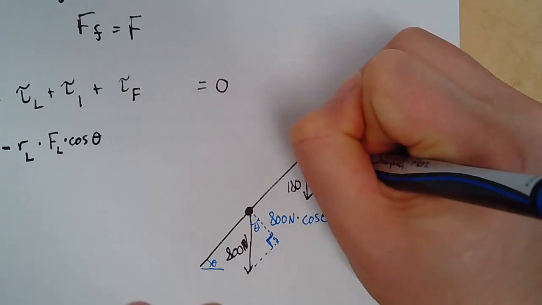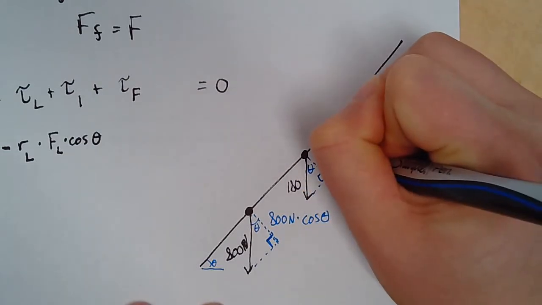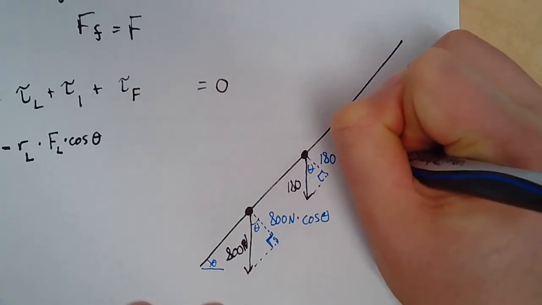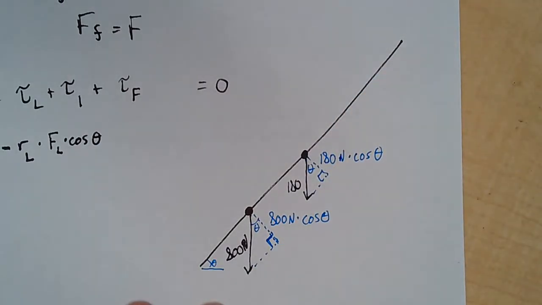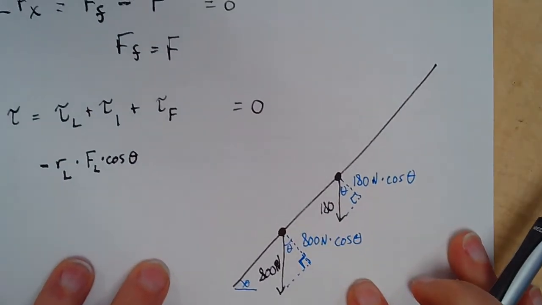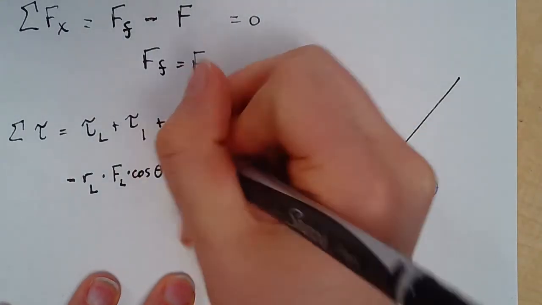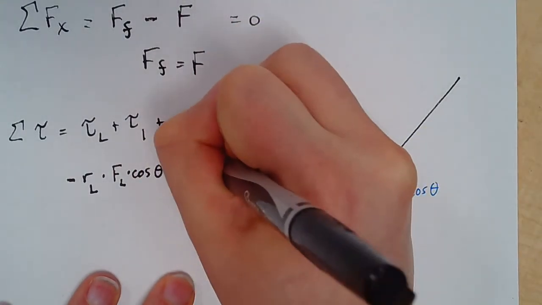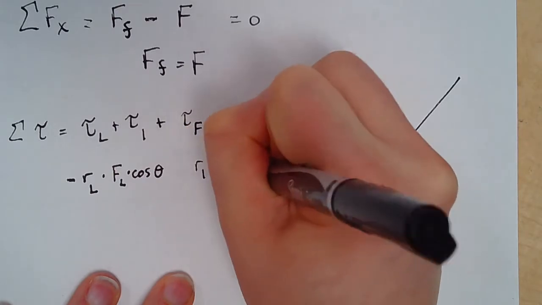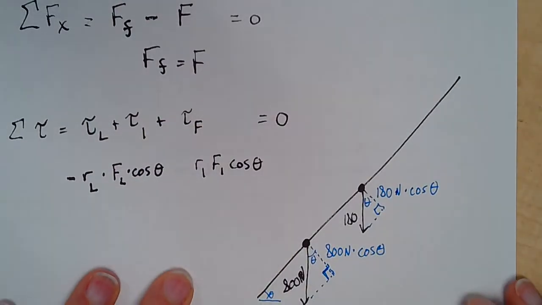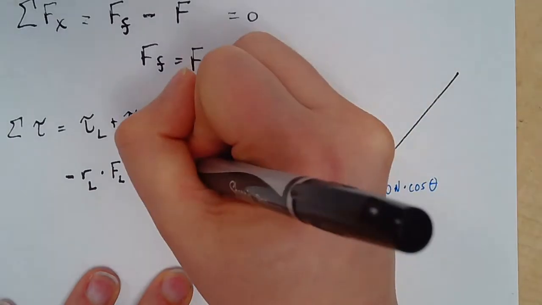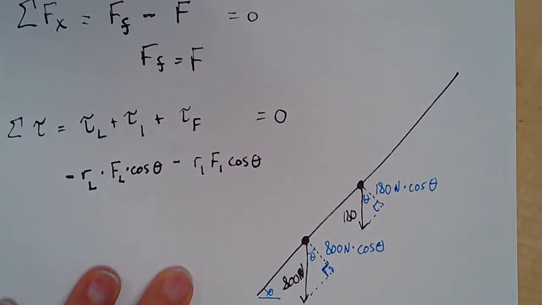We have the theta here, so this is going to be 180 newtons times cosine of theta. So we've got the radius of the ladder, the force of the ladder, cosine theta. Once again, it's providing a clockwise torque, so that's going to be negative.